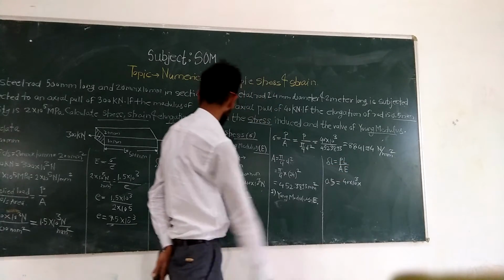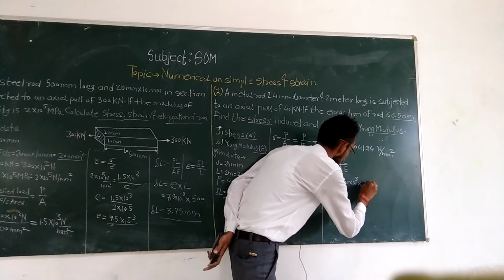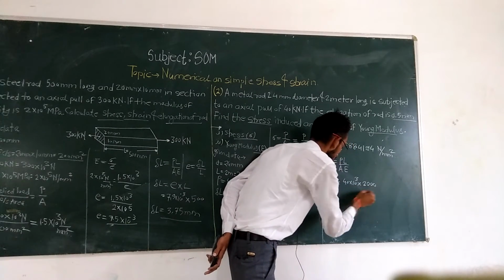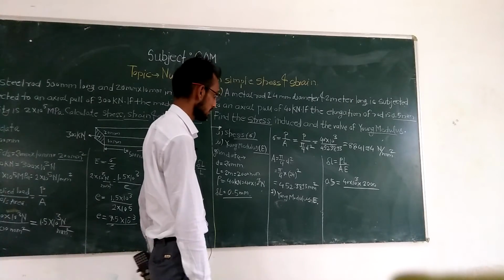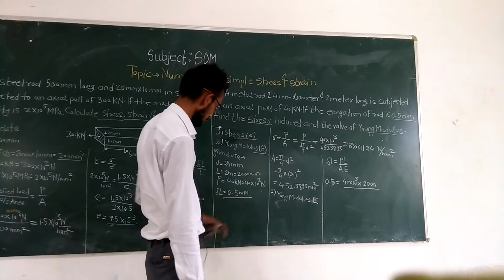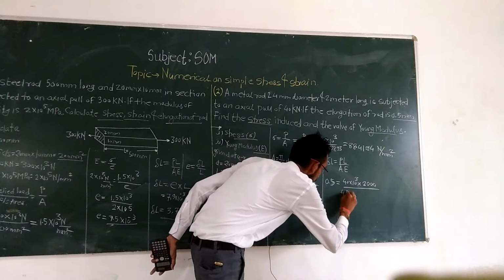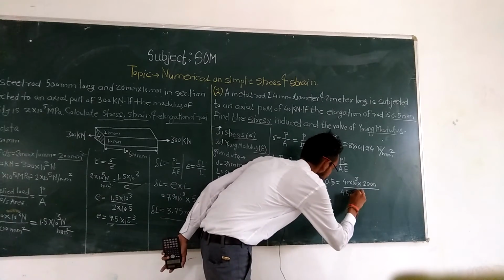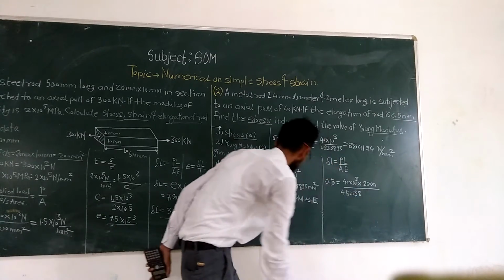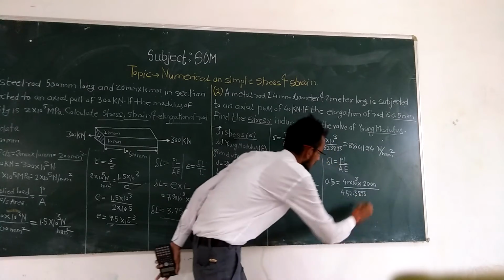L is given, 2000 mm. A is calculated, 452.3893, and E is unknown.